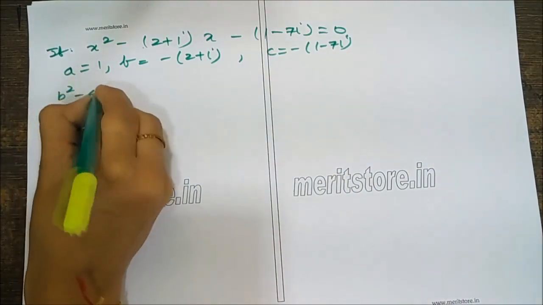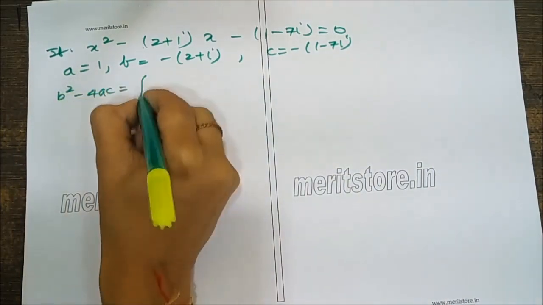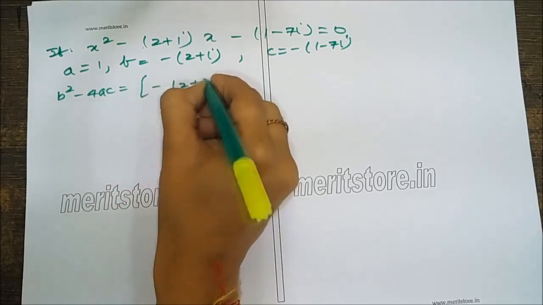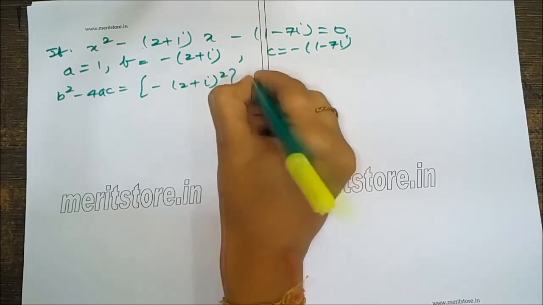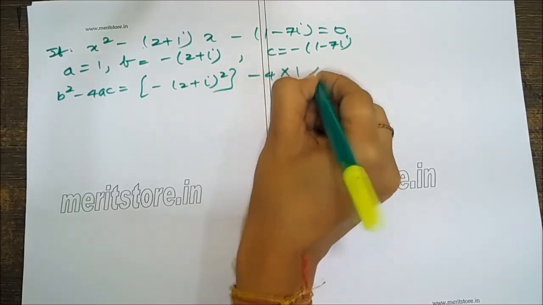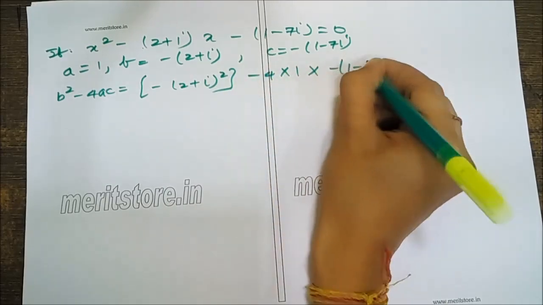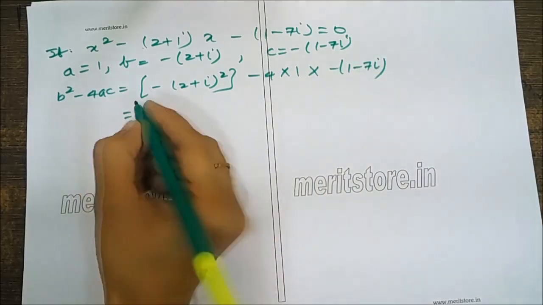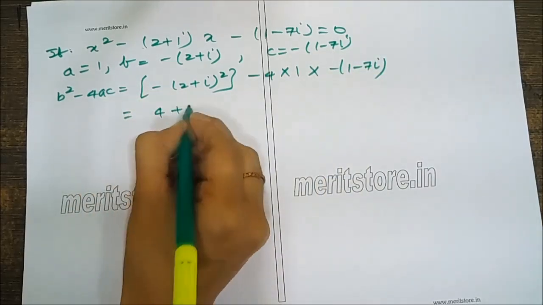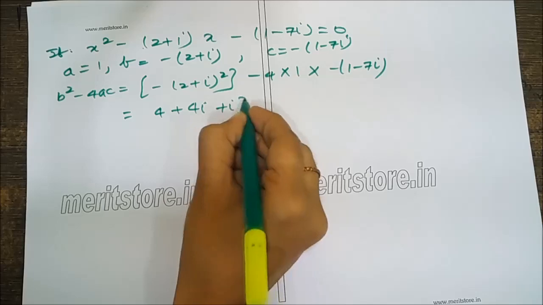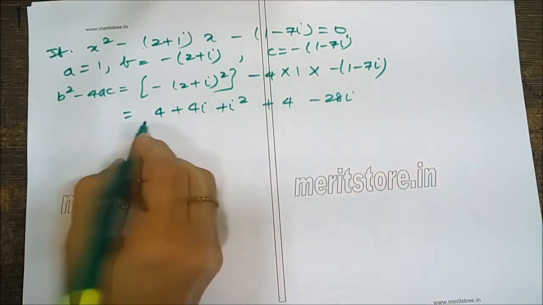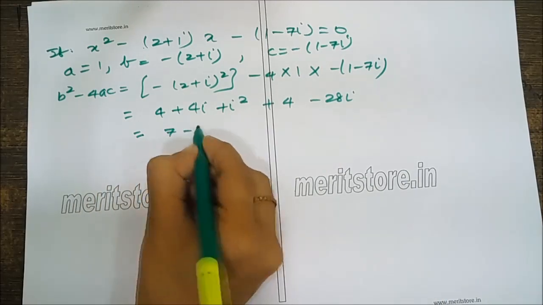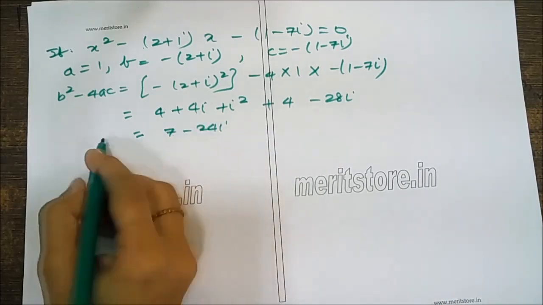So b square minus 4ac is equal to minus 2 plus i the whole square minus 4 into 1 into minus 1 minus 7i. So 4 plus 4i plus i square plus 4 plus 28i, that is 7 plus 24i. These are the roots.